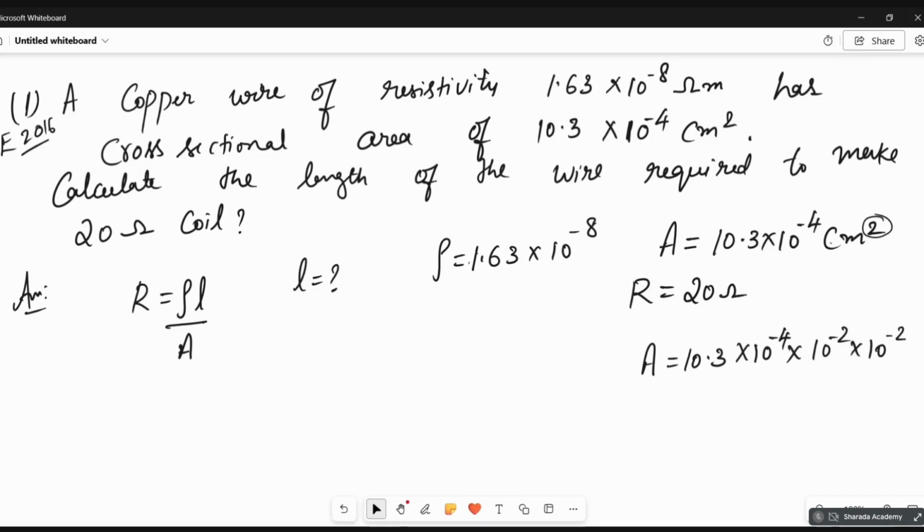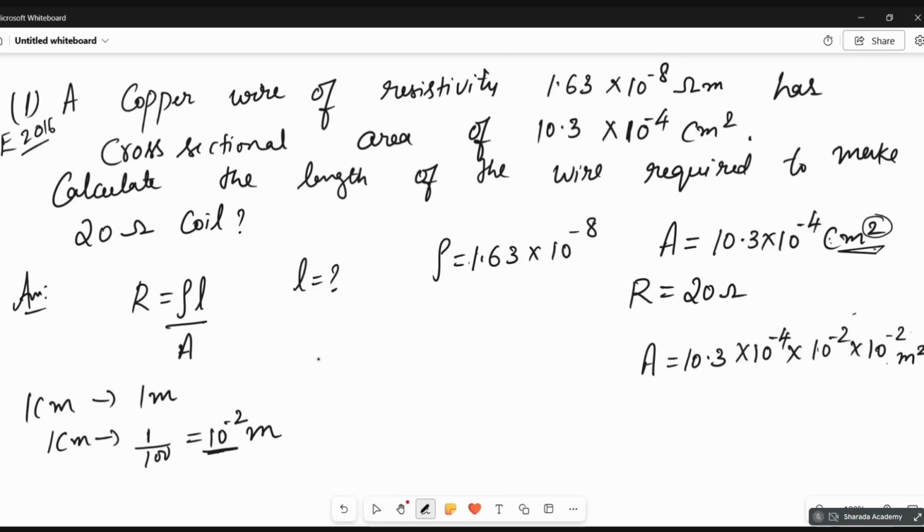Understood? 1 centimeter I can write as 1 by 100 meters, that is 10 power minus 2 meters. Here we have centimeter square, so to convert into meter square, instead of multiplying once by 10 power minus 2, you have to multiply 2 times.